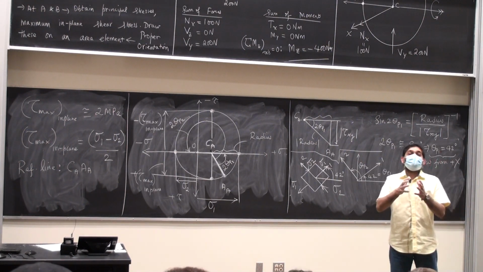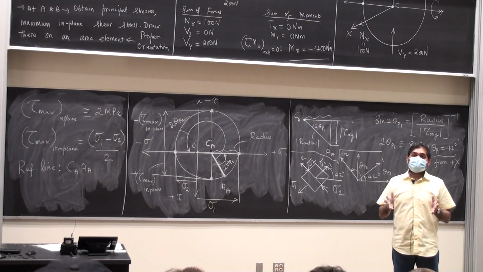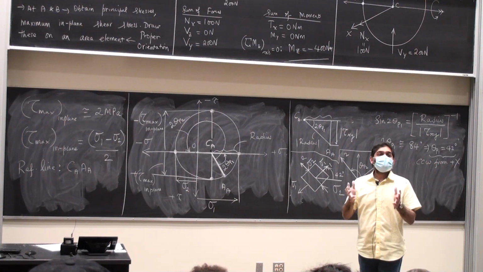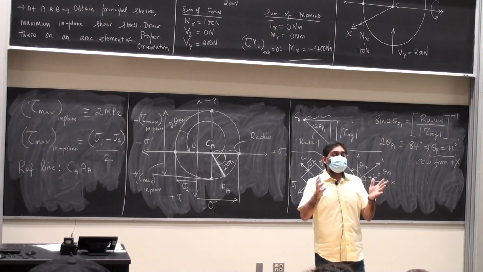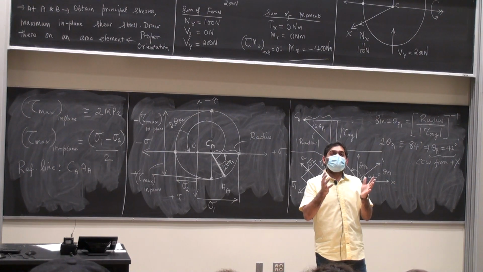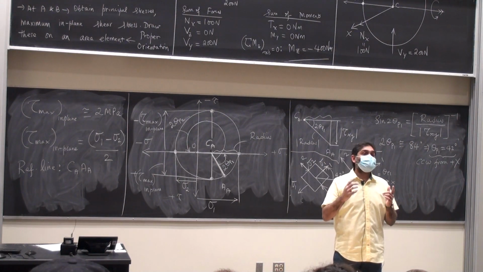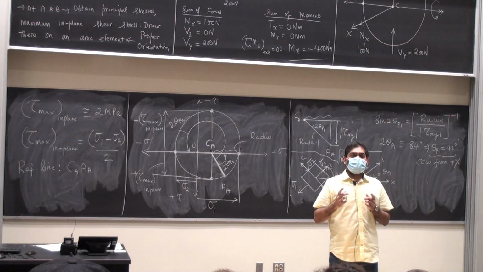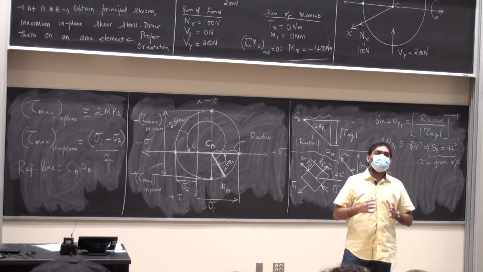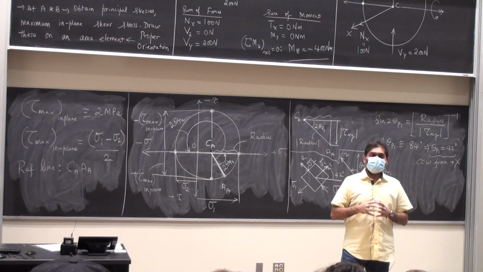And then we are going to talk about generalized stresses and strains. That is, if I have stresses in 3D, if I have an axial stress or a normal stress in the x direction, it's going to cause a strain in the y and the z direction due to Poisson effects. So we're going to come up with those equations very quickly, and then we complete everything on Tuesday.